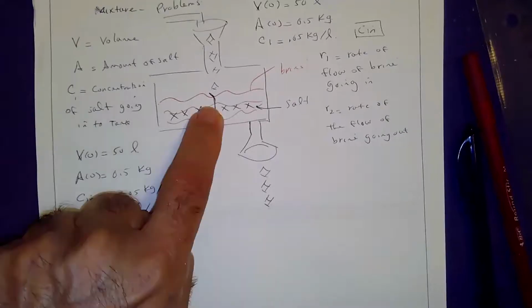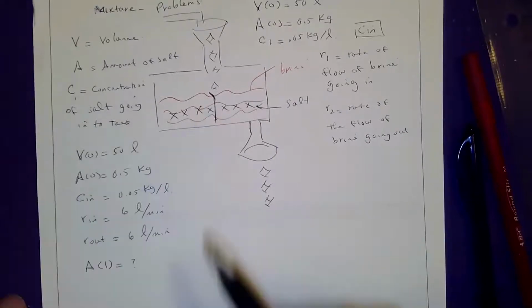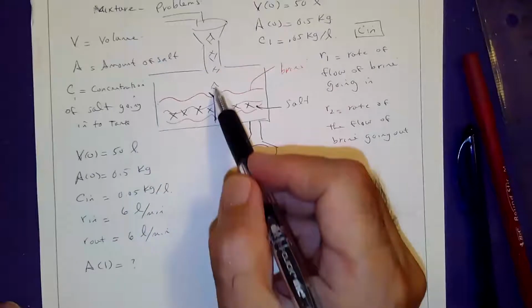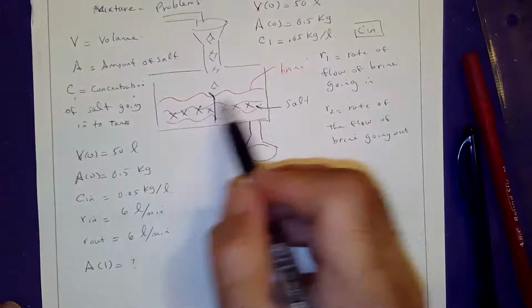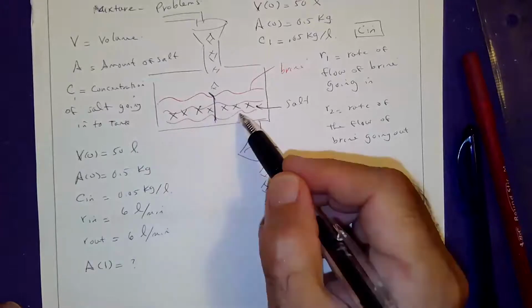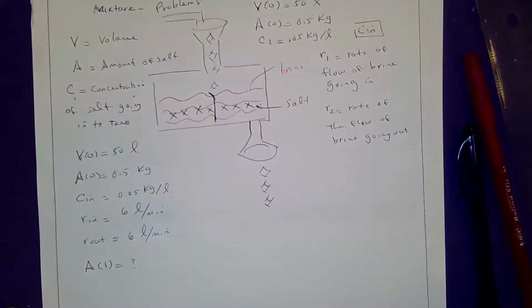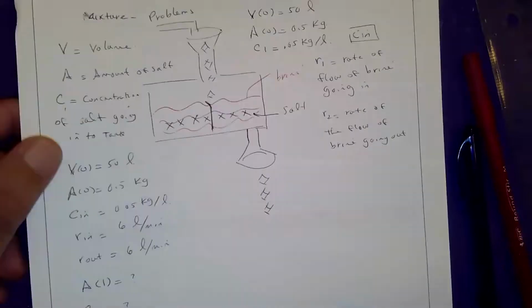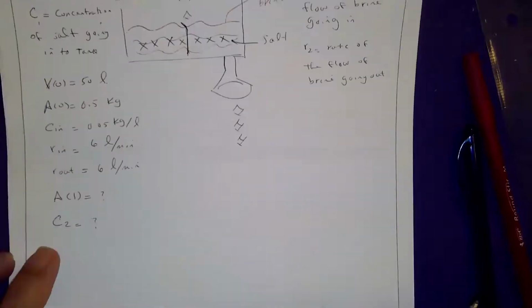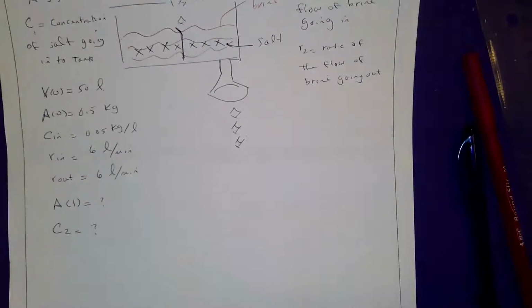And there is a mechanical device here which, as you put the brine in, stirs and mixes the brine with the salt in it. Question: what do you think the concentration of the salt going out is? Is this a fixed number as well? What do you think? Any guesses?